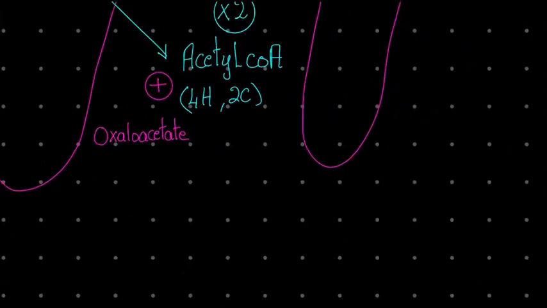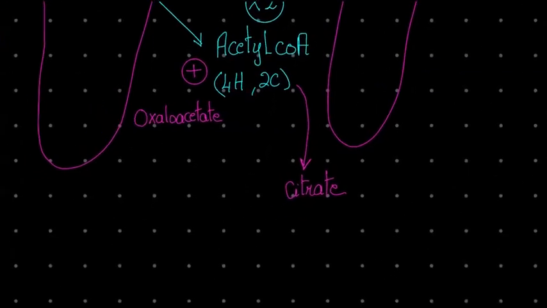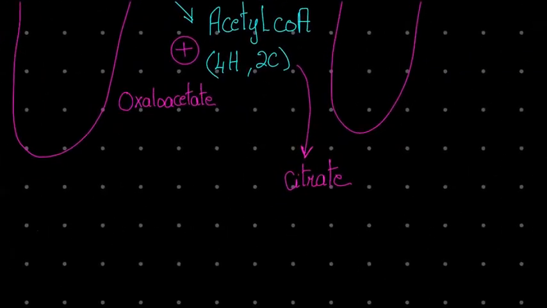And from this reaction, you're going to be forming citric acid or citrate. That's why we call this cycle the citric acid cycle or citrate cycle.